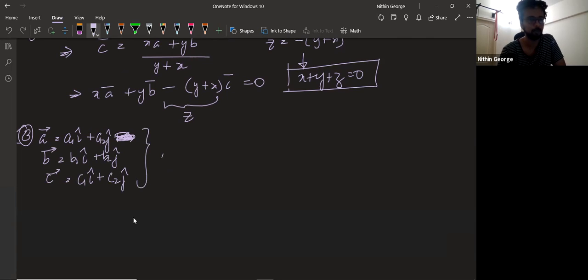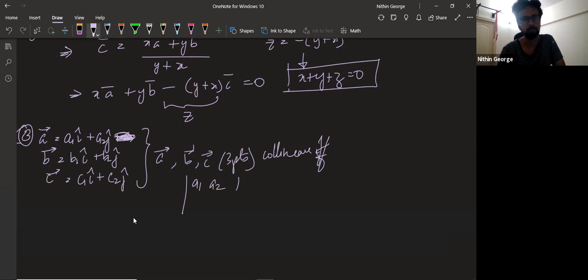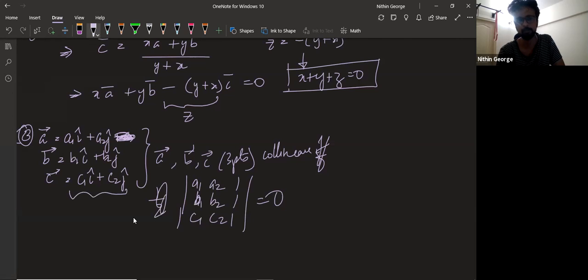Now, A, B, C, 3 points, are collinear if and only if the determinant with rows A1, A2, 1; B1, B2, 1; C1, C2, 1 is equal to 0. You know that half of this is the area of the triangle with these coordinates. So you get the area of the triangle to be 0 for these 3 points, which means they are on a straight line. That is one way of looking at it.